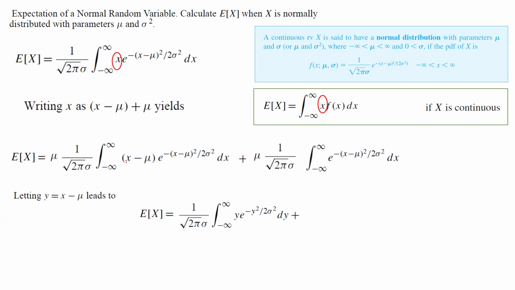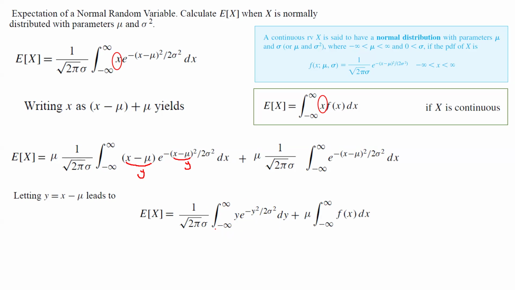So here, x minus mu is written as y, and up here in the exponent, you also get a y. So basically, as you can see, you have an odd function inside the integral and you have symmetry. It means that the first integral we expect to be 0.